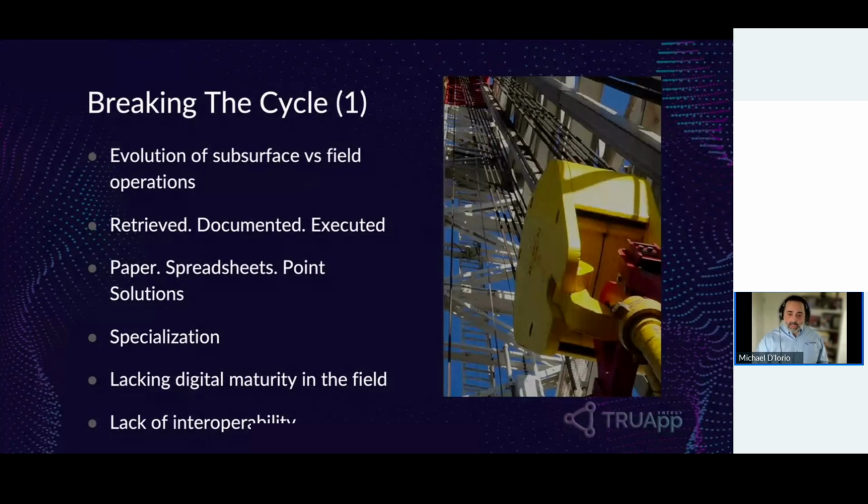Like any business competency, things evolve. And subsurface tech, as an analogy, has continuously evolved to be able to find oil and bring it to the surface. But where we come into the picture here is, what about the tech that's used for the field, for the skilled personnel out there, quote unquote, turning the wrenches?